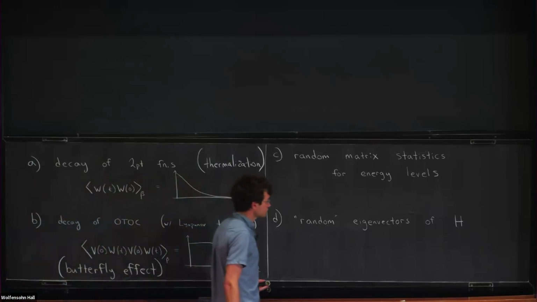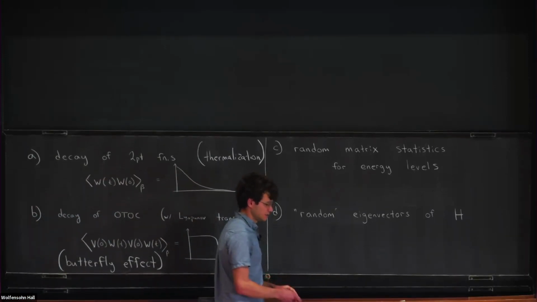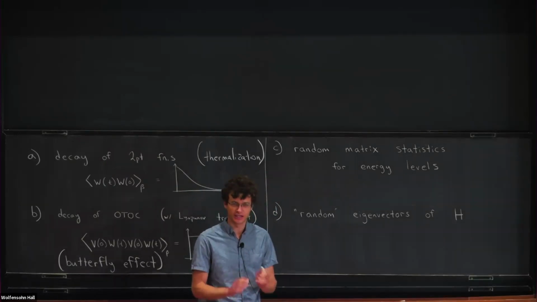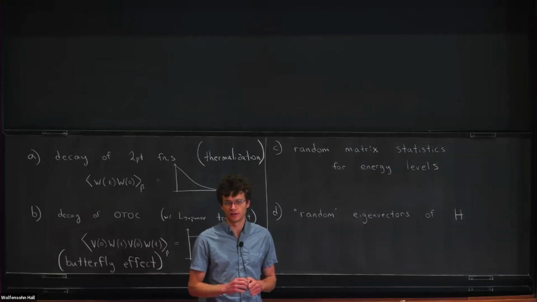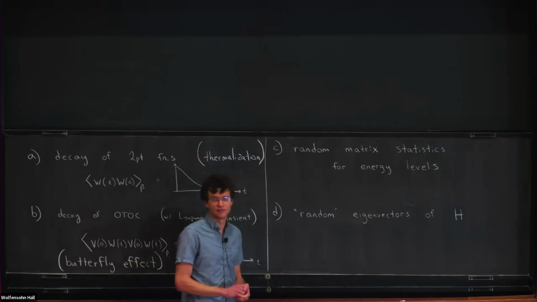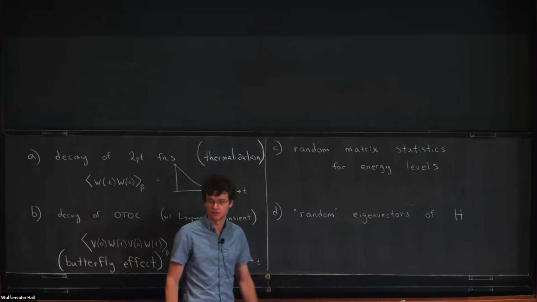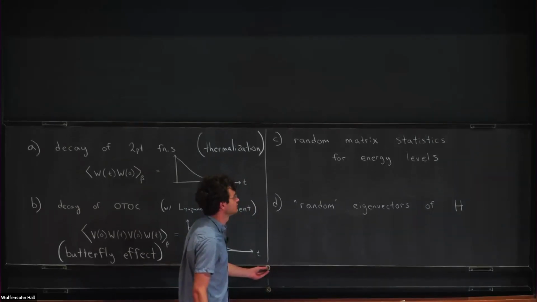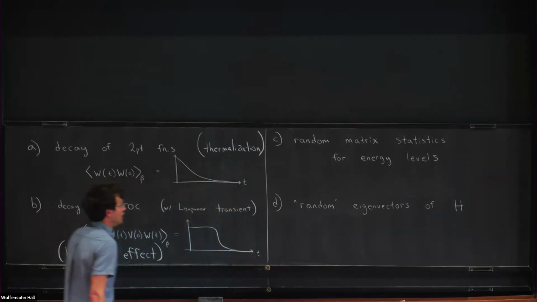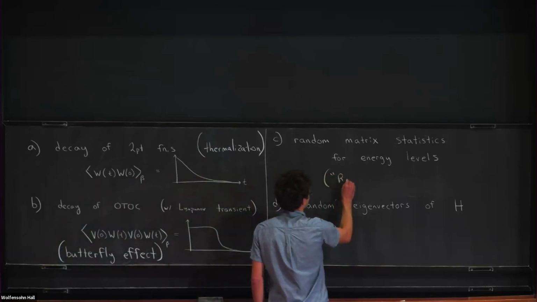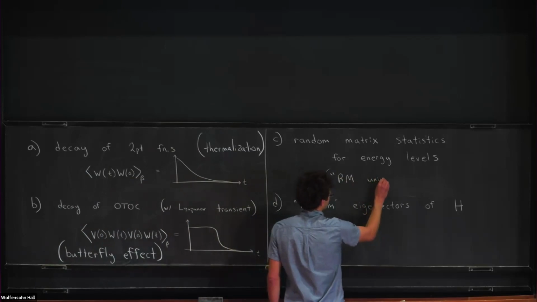And the idea is that if you look at the actual numerical energy eigenvalues of a quantum chaotic Hamiltonian, then after accounting for whatever symmetries you might have, those numbers have statistics that resembles that of the eigenvalues of a random matrix. This is sometimes also known as random matrix universality.